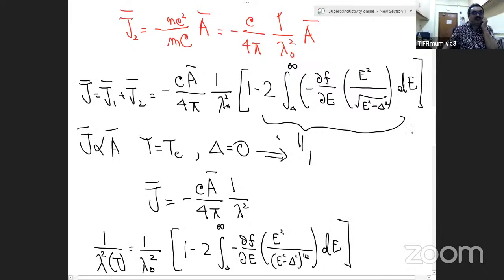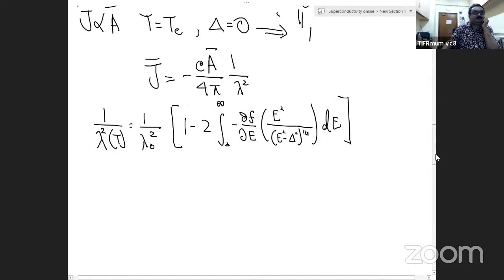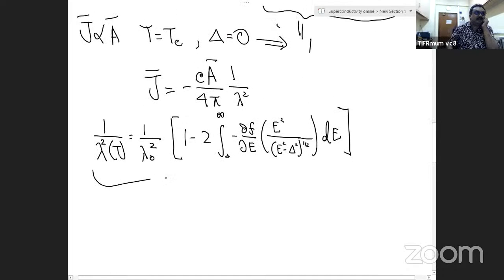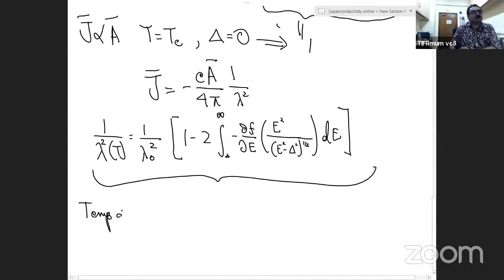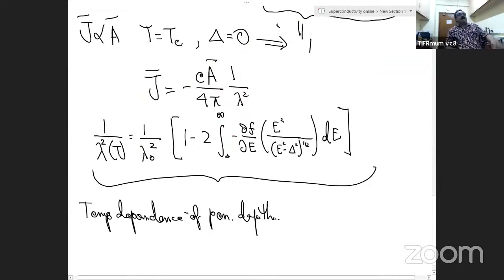All right, so this gives me the temperature dependence of the penetration depth. And again, you can see the limits.